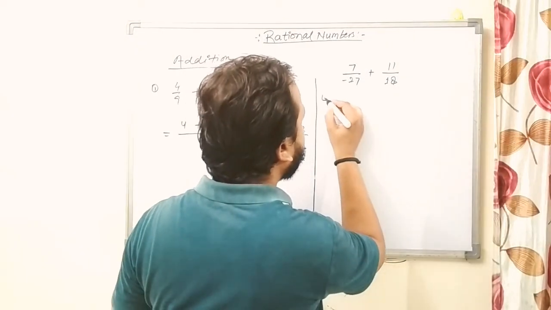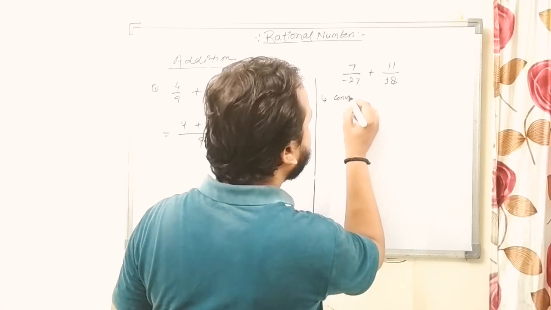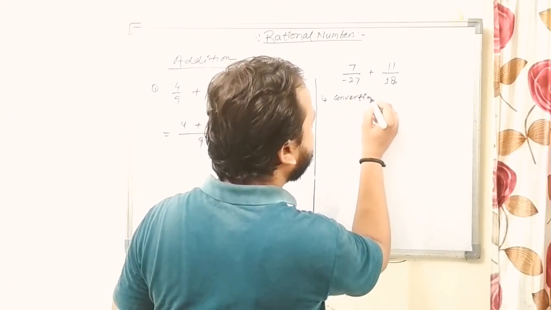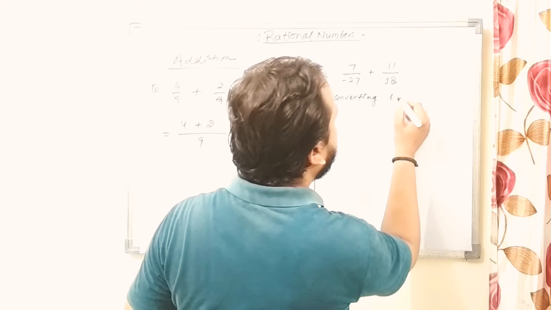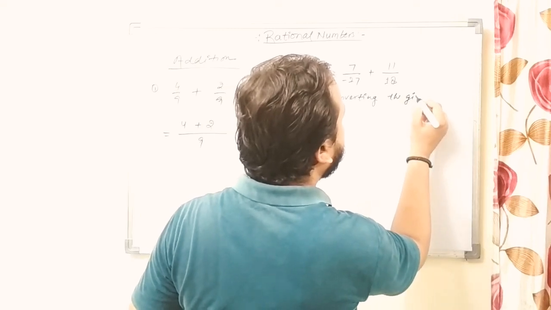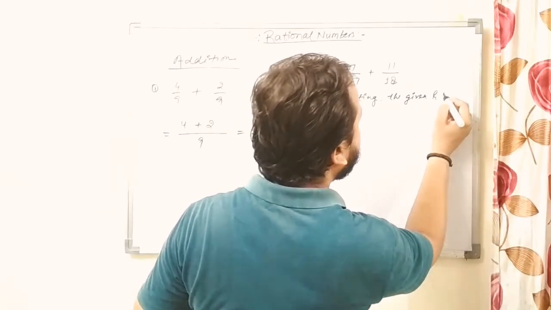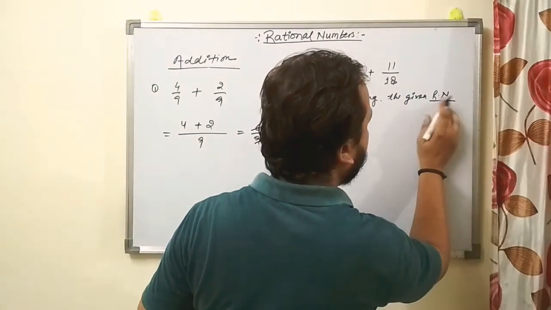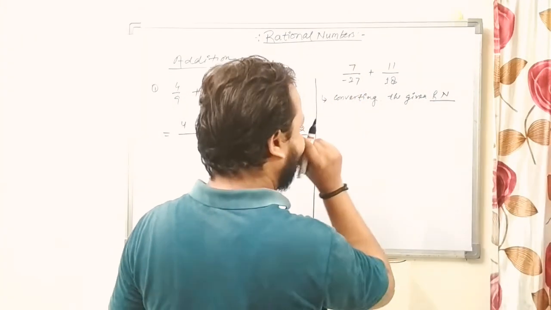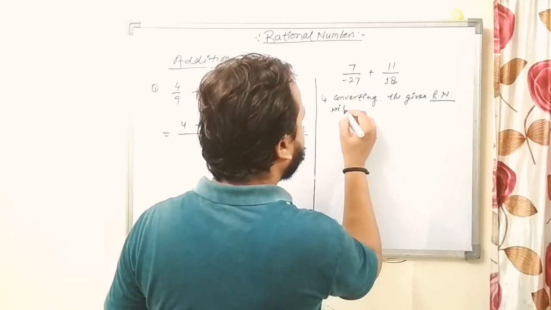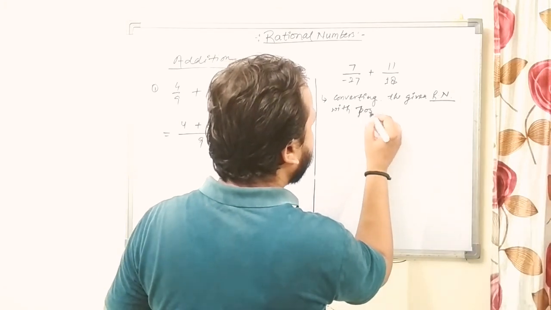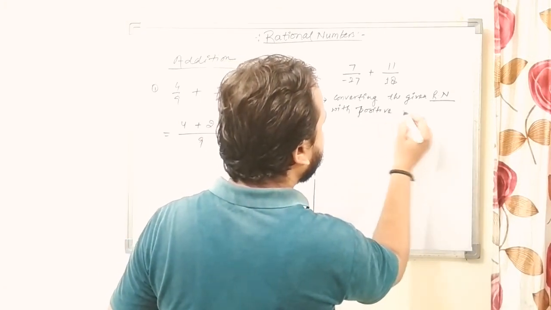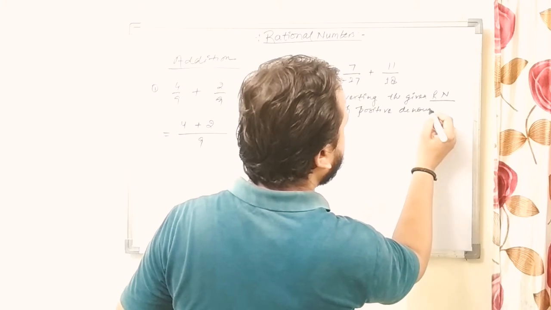So write the statement: converting the given rational number, I am using r dot m, right, with positive denominator.